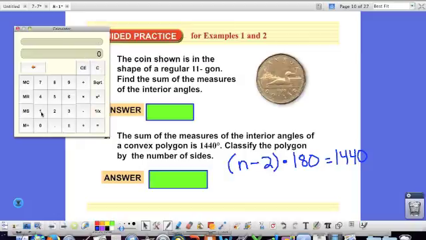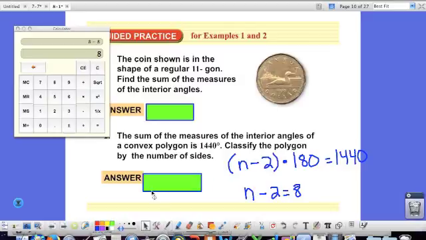You use a calculator. 1,440 divided by 180 is 8. If n minus 2 equals 8, I add 2 to both sides, and I get n equals 10. A 10-sided shape is a decagon.